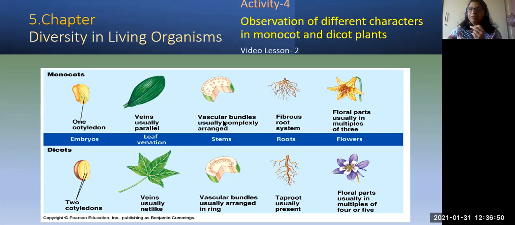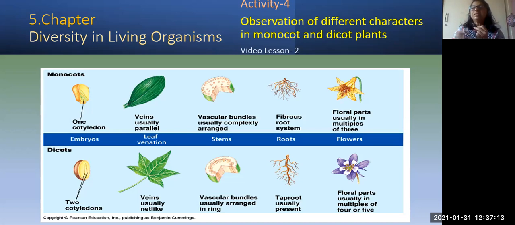Vascular bundles, you know that vascular bundles means where the xylem and phloem are present, isn't it? These vascular bundles are usually complexly arranged, which means in monocots they are not in a proper line. It is scattered. There is no proper manner of arrangement.